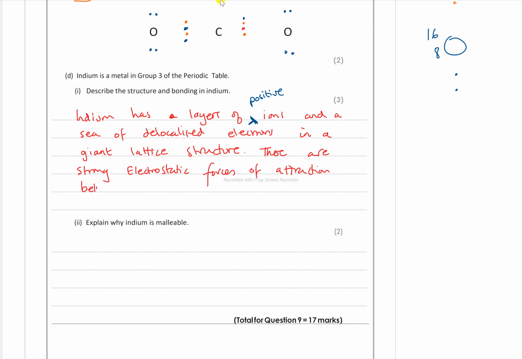Between what? Between positive ions and a sea of delocalized electrons.